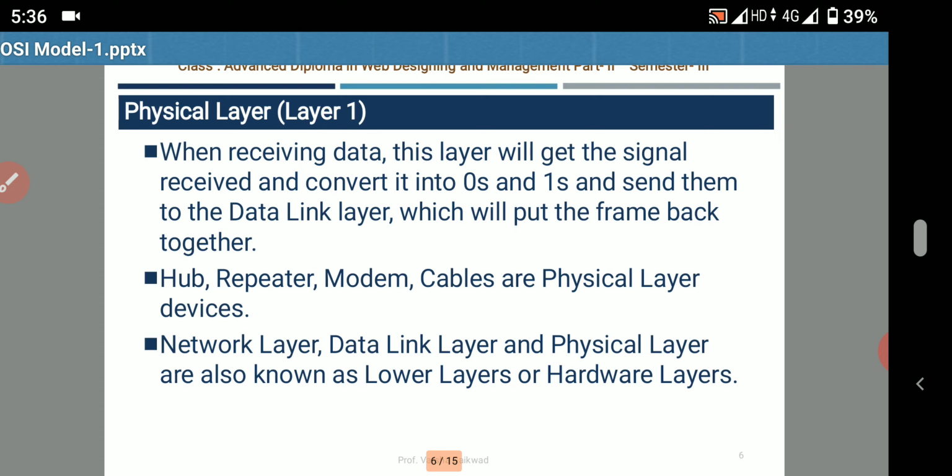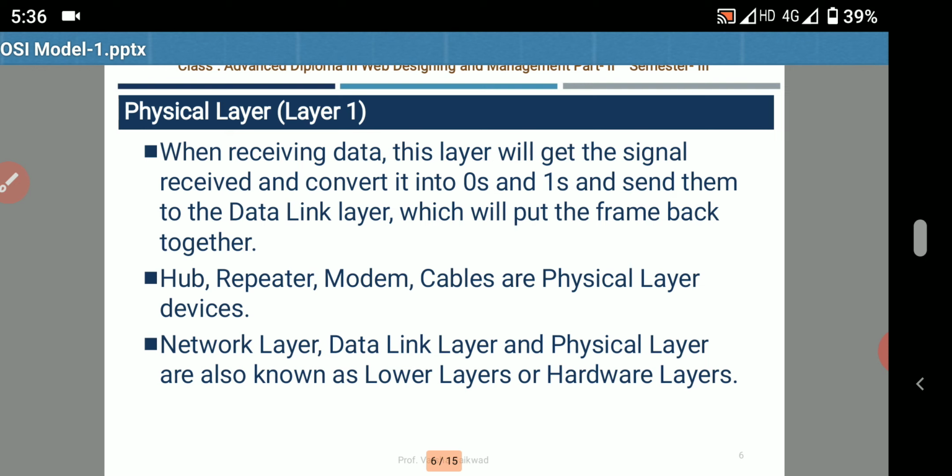Okay, so at physical layer, data is transmitted in the form of bits, and when it is received at the second layer, that is data link layer, it is converted to frames. I hope you understand. What are the devices that are used at physical layer? The devices are hub, repeater, modem, cables are physical layer devices.